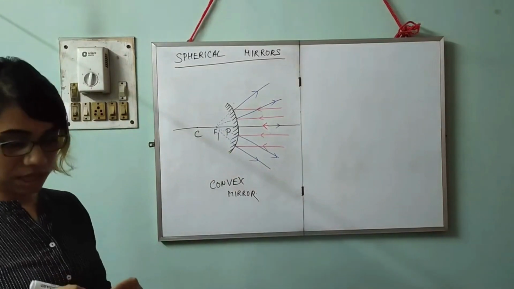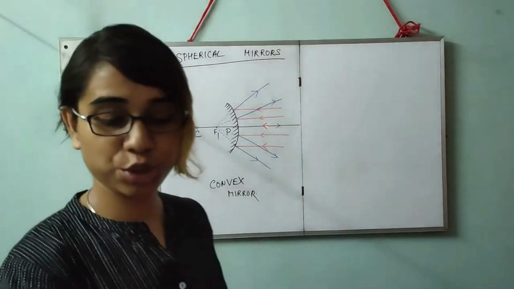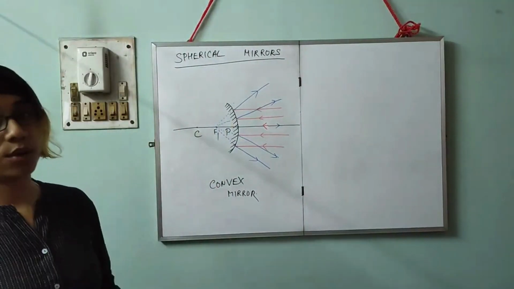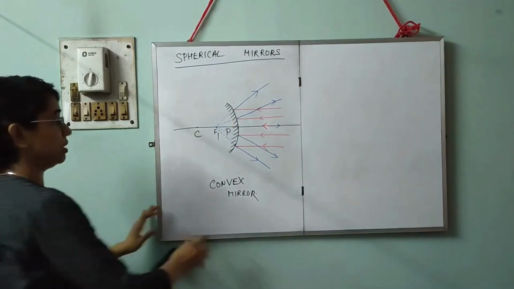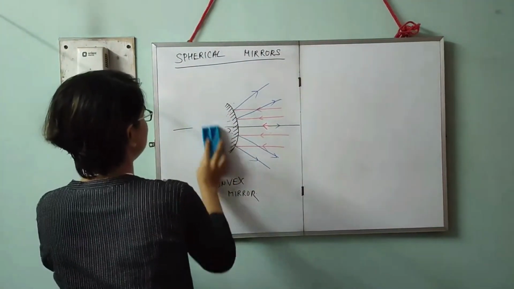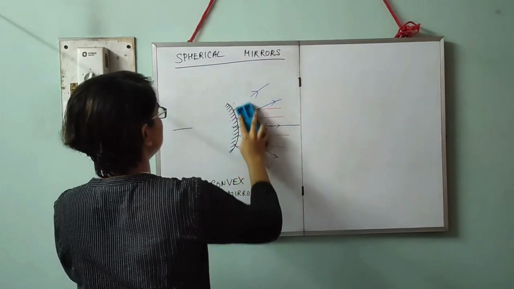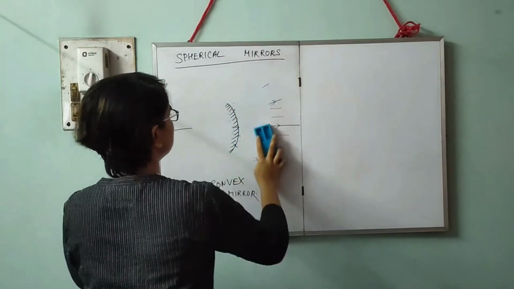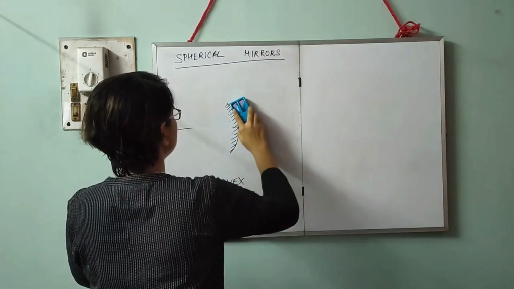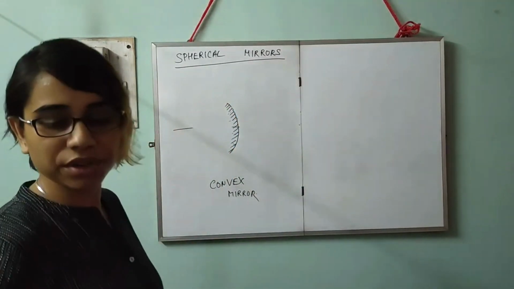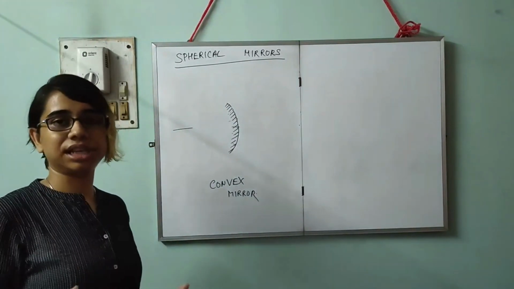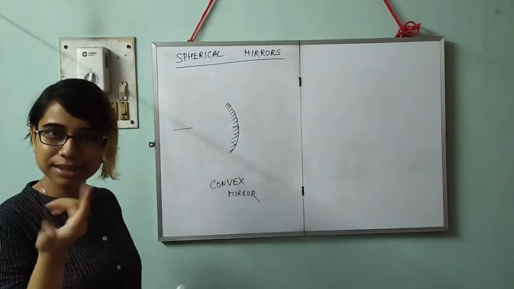Now I can actually show you why a concave mirror is convergent and a convex mirror is divergent. I hope you have heard that a sphere or a circle is made up of very small straight lines, right?